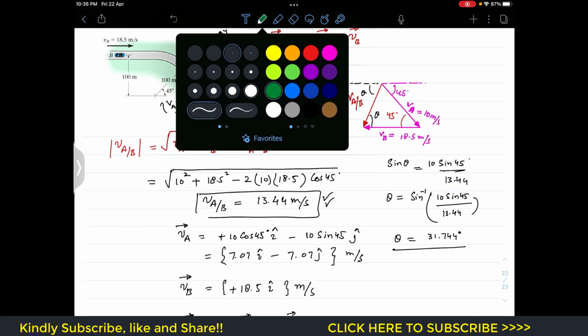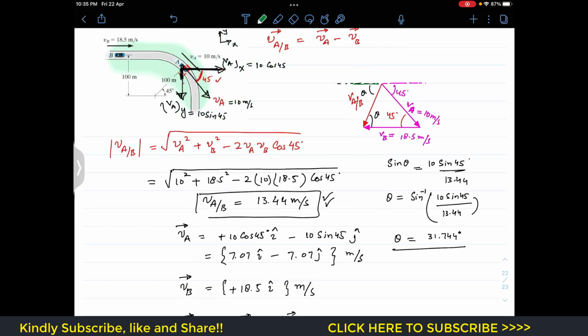One of its components is going to act in the negative x, and one of its components is going to act in the negative y, like this. So now if this angle is theta and this is VAB, and VAB is 13.44, then this component is 13.44 cos of that theta, which is 31.744.